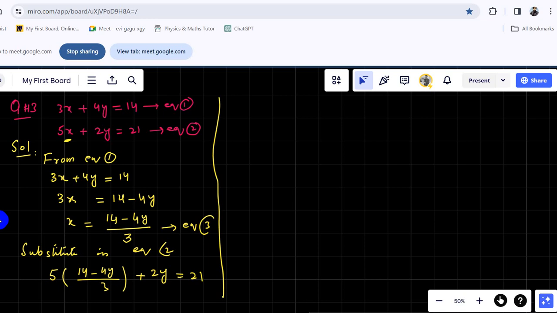No. So just multiply this with 14 minus 4y. So 14 times 5 will be 70. We have the number in tens.